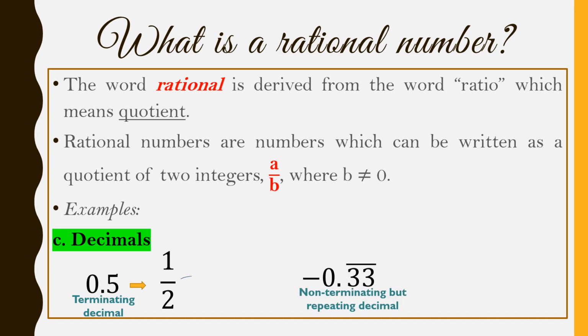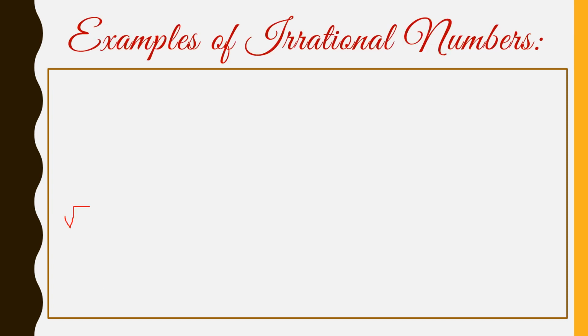And we have an example of a non-terminating but repeating decimal, which can be expressed as a fraction as negative 1 over 3. Those are some examples of rational numbers.